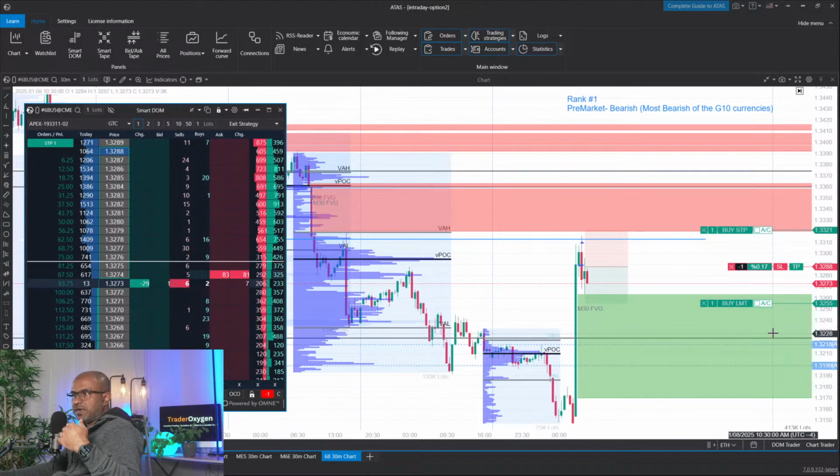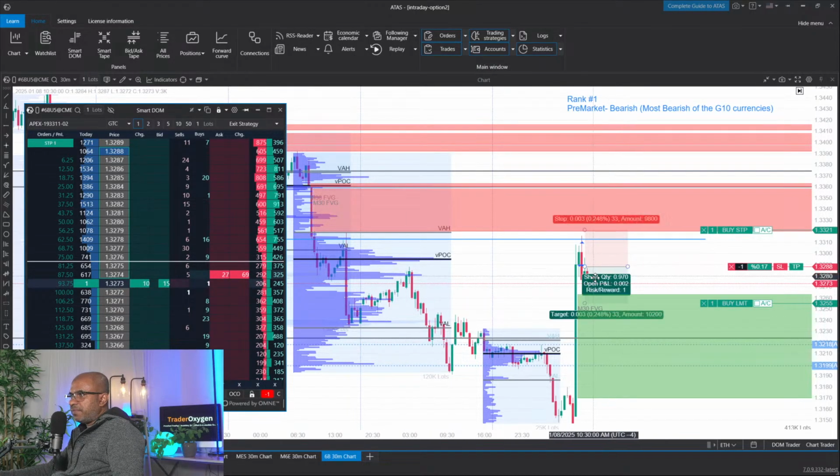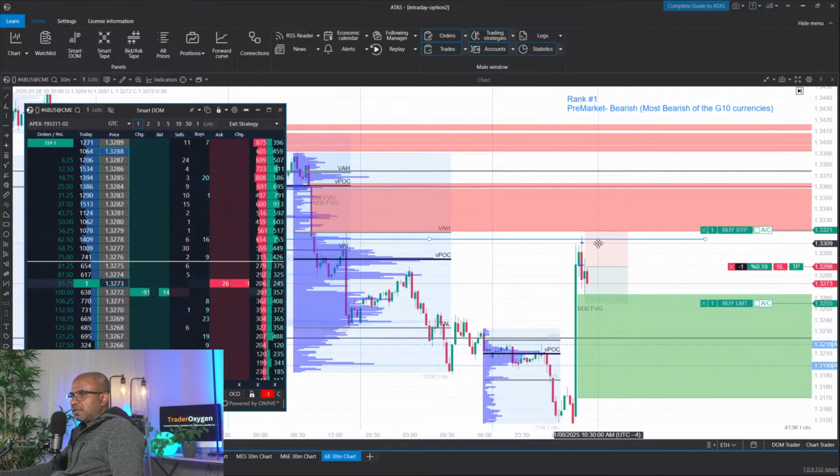Okay, so the price went down, and you can see more sell entries now coming, more change, negative buyers. That is what makes the price go down. See more negative change.